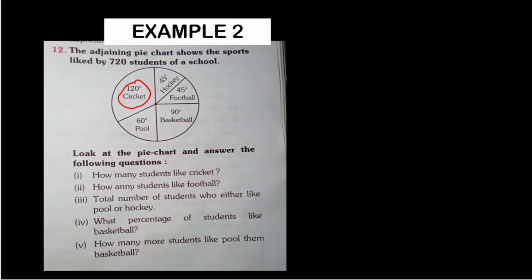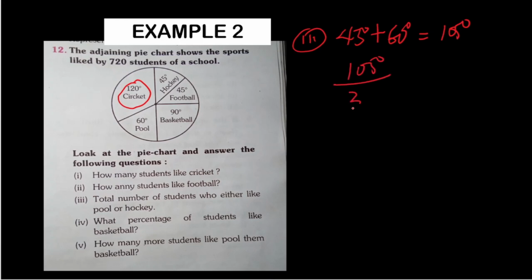For the second way, what we're going to do now is add 45 degrees plus 60 degrees. That gives us 105 degrees. For both of them, this is going to be 105 degrees divided by 360 degrees times 720.